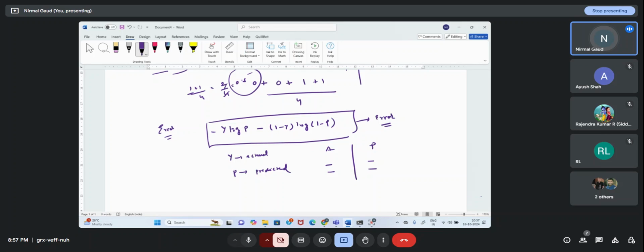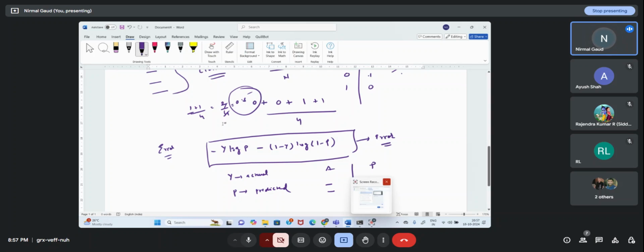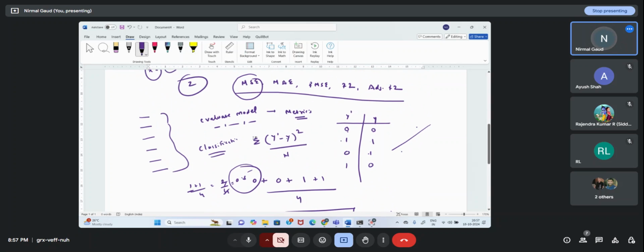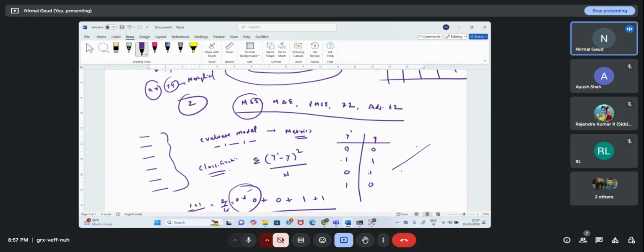So such kind of errors need to be calculated, not the error which you perform in linear regression, that is not followed in logistic regression. So these terms will be discarded. MSE discarded, MAE discarded, RMSE discarded.